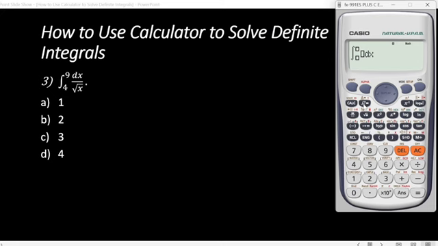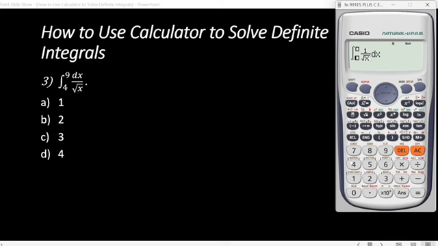We bring our integral sign. It's a fraction, so we bring the fraction sign. You put 1 in the numerator instead of the dx. When you see something like this, it means there is a 1 there. Then in the denominator we have our root sign and x.